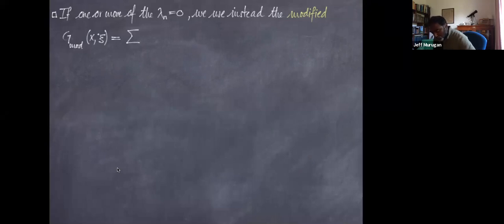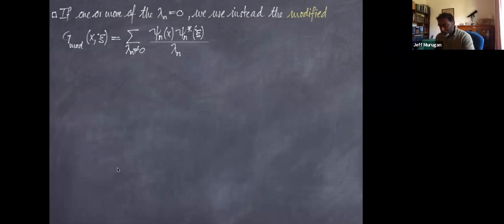Now I'm going to sum over all n such that lambda n is not equal to 0, of psi n of x, psi n conjugate of psi, over lambda n.